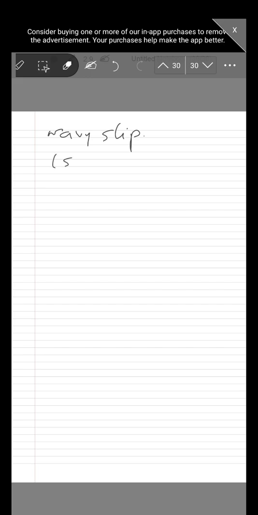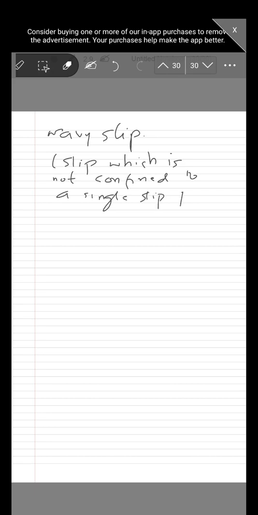This is a slip which is not confined to a single slip plane. This is called wavy slip.